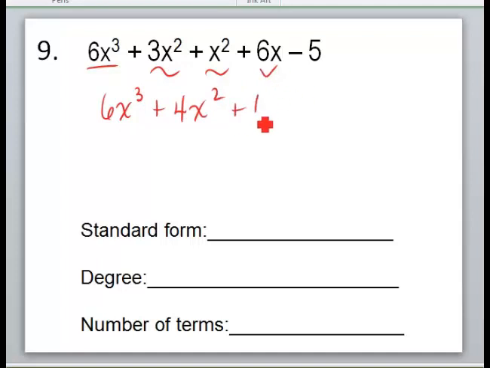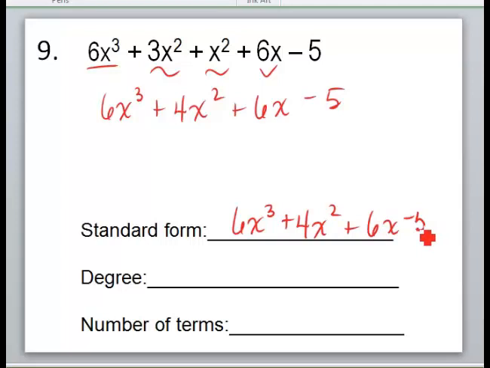I have 6x, and I have then a minus 5. So my standard form would be 6x cubed plus 4x squared plus 6x minus 5. The highest degree is 3, so that's considered to be a cubic. The number of terms it has is 1, 2, 3, 4 terms, so 4 or more terms is considered just to be a polynomial.